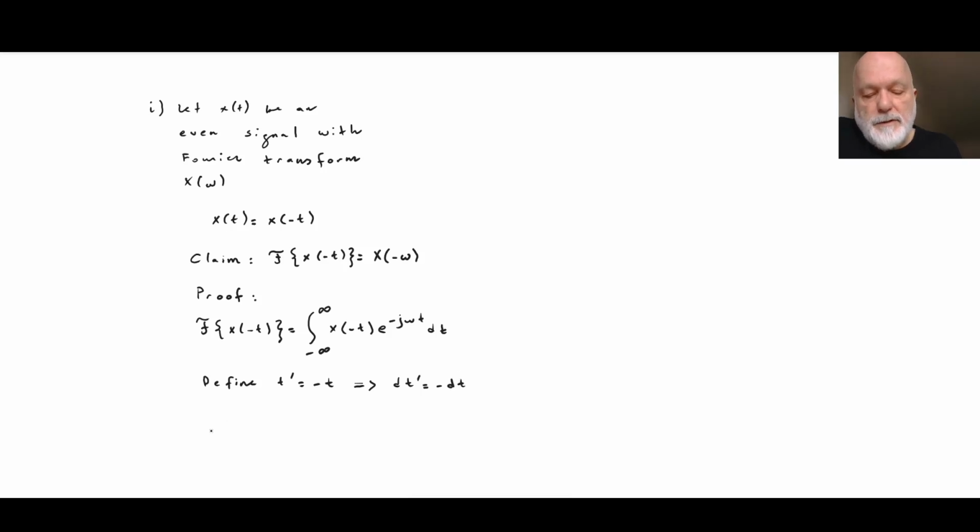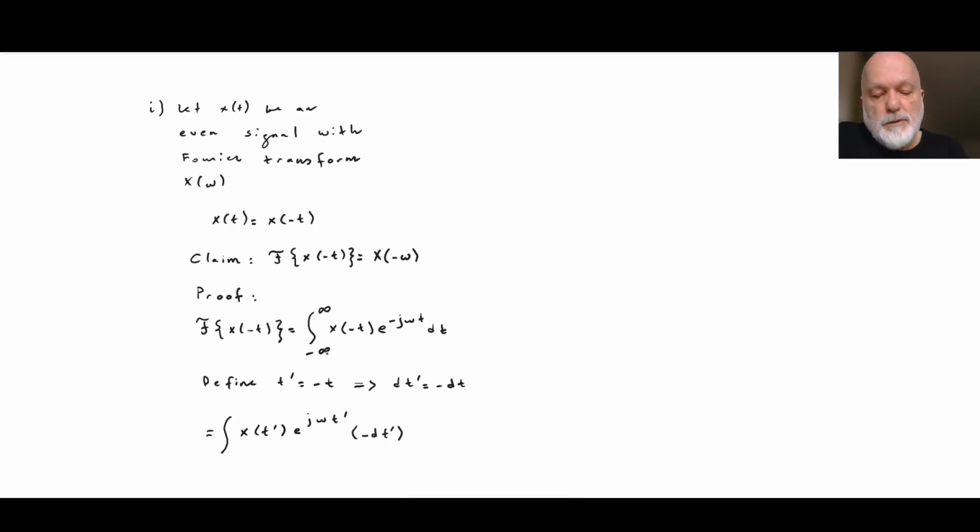So the integral becomes x of t prime e to the j omega t prime, minus dt prime. What about the integration limits?